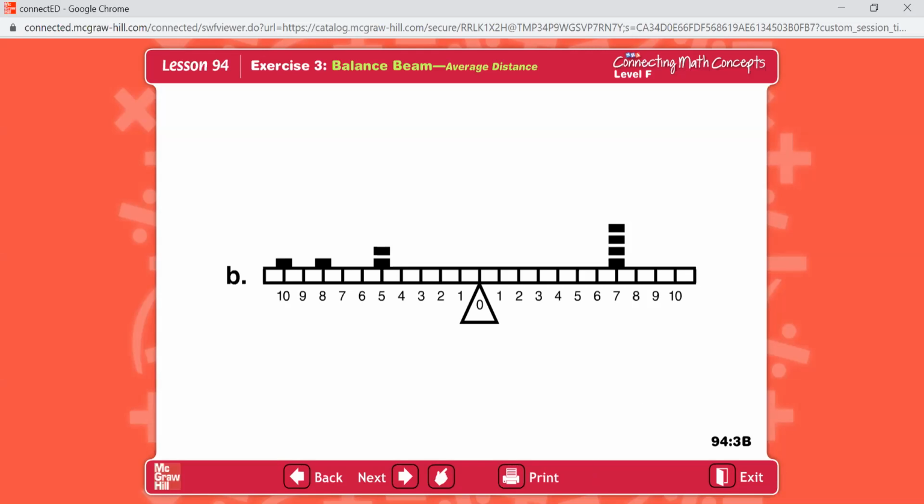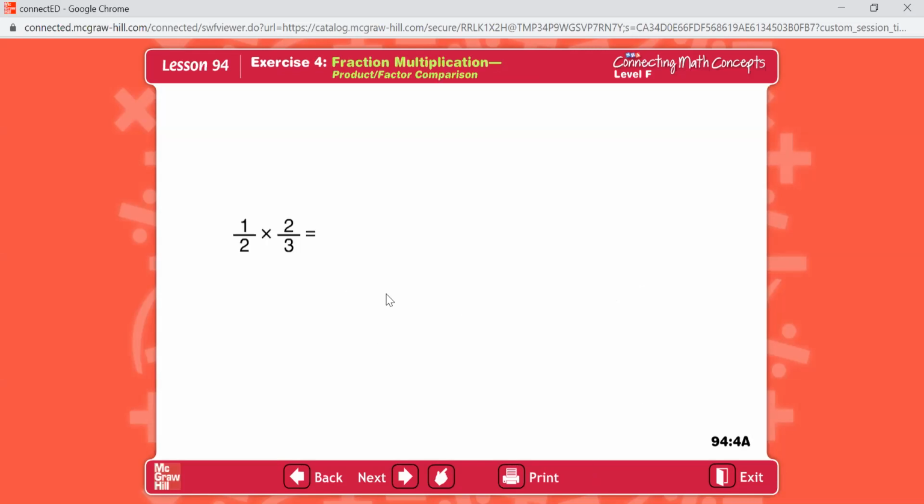So here's something. We're going to make diagrams of the fractions and see if the rules work. Please read the problem that you see. The problem here says 1/2 times 2/3. Is 2/3 more than 1, less than 1, or equal to 1? 2/3 is less than 1 because you only have 2 out of 3.